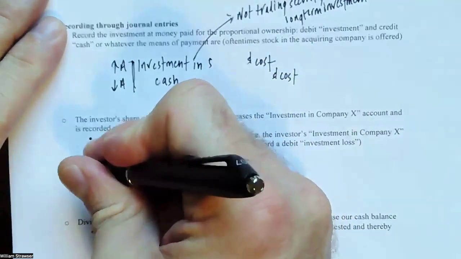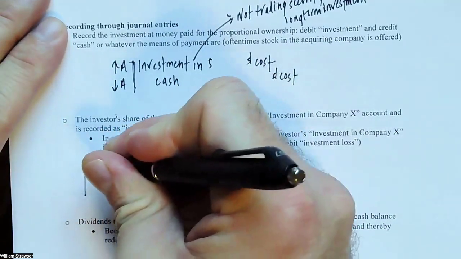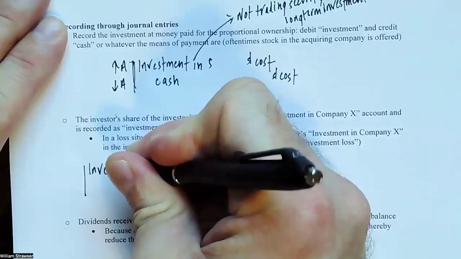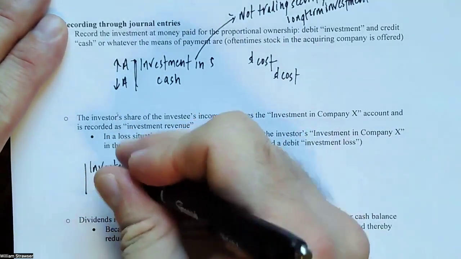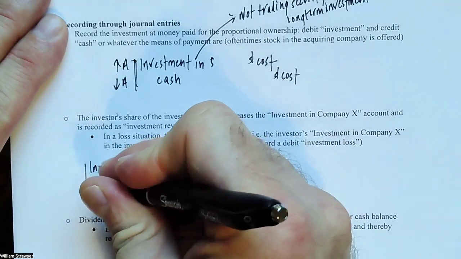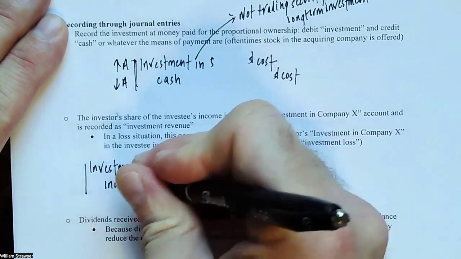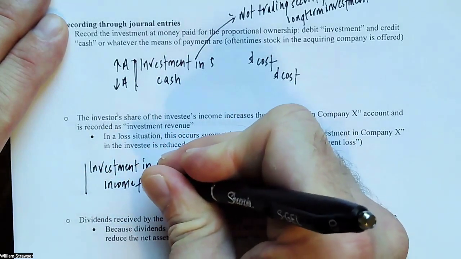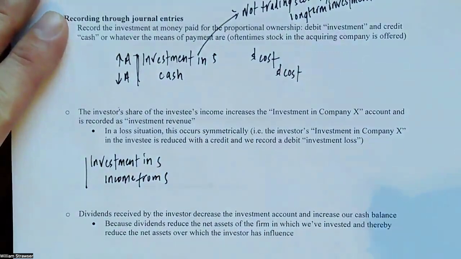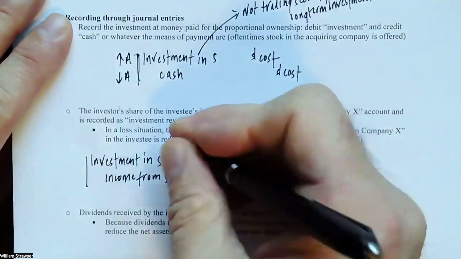Then we debit our investment account in that company, and then we record some income from S as well.